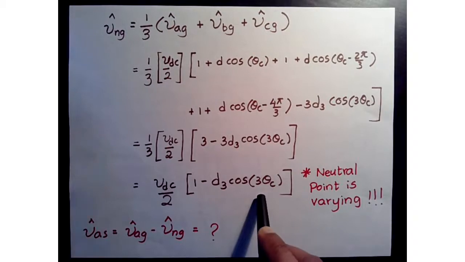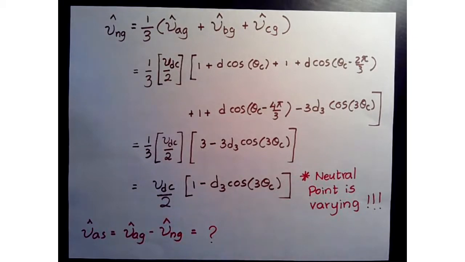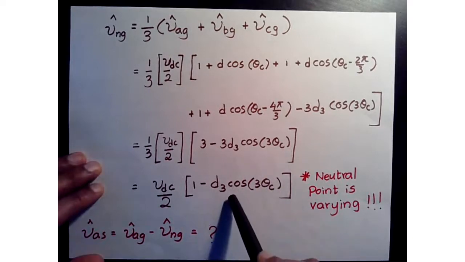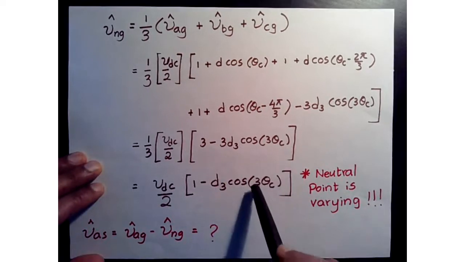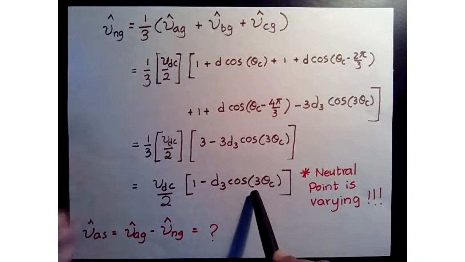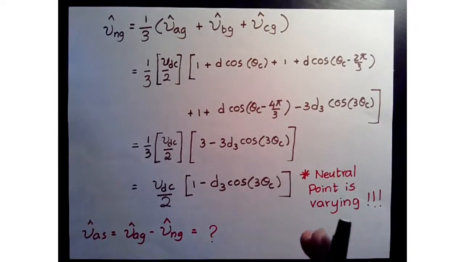In our previous discussion, did we derive a VNG relationship? I think we did. Yeah, so that's 1/3 of VAG, VBG, VCG. We came up with that. And the only difference here is we have that third harmonic component on the neutral point voltage.